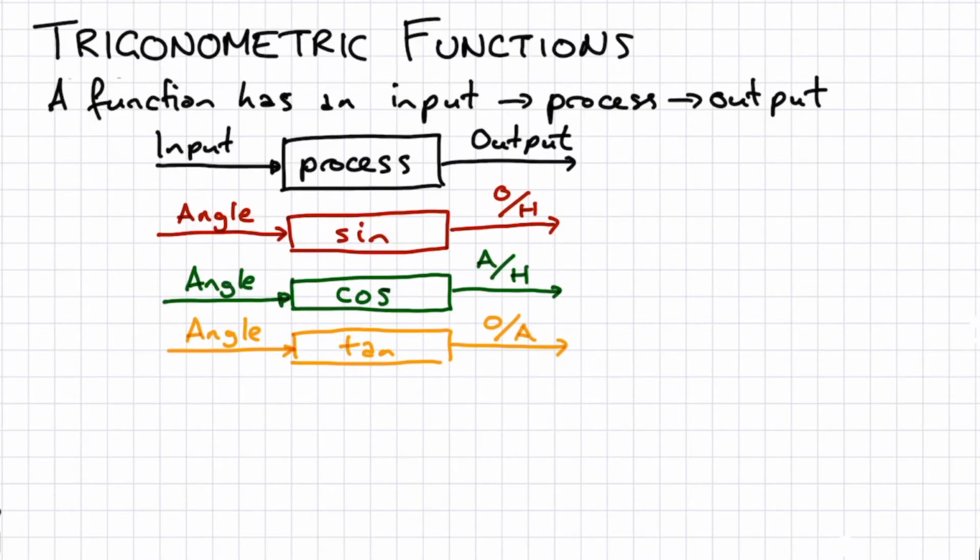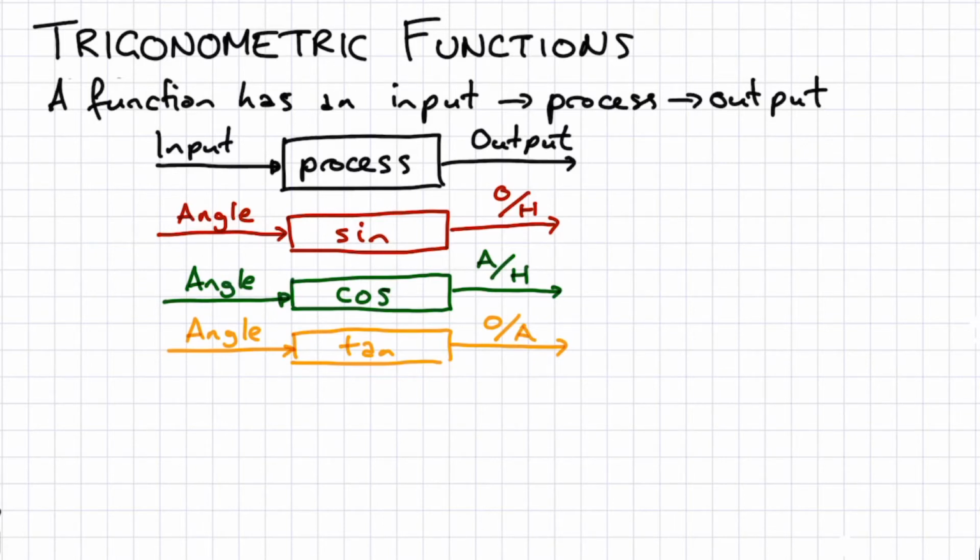Sine is O over H, so it'll spit out an O over H ratio. Cos will spit out an adjacent over hypotenuse ratio. And tan will spit out an opposite over adjacent ratio. Okay, so we can think of these functions as inputting an angle and outputting a right angle triangle side ratio.